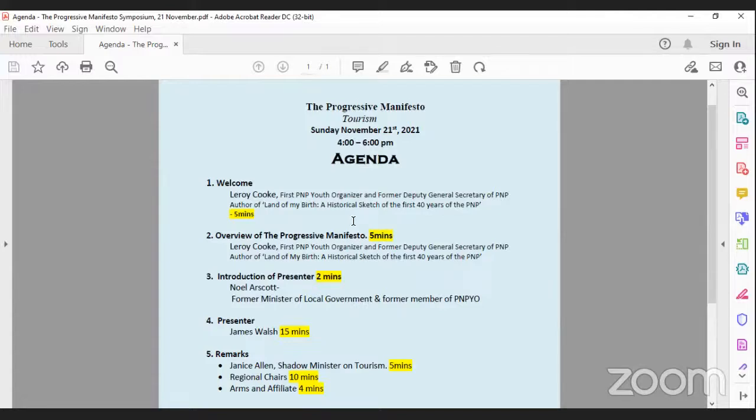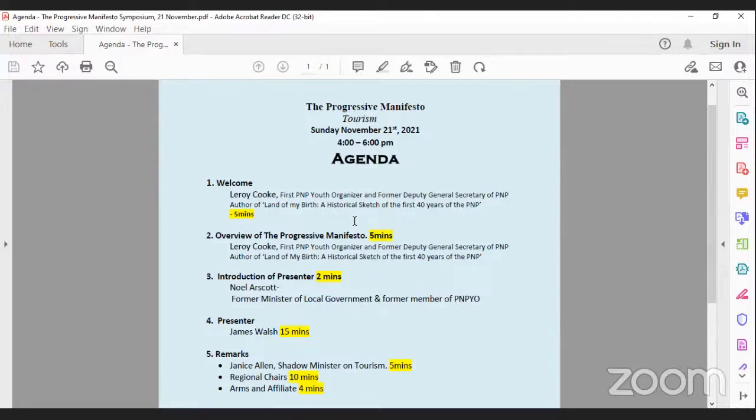To run for a position within the party, one should be a member for at least 1 year. To be a candidate for local government representing the party, you should have membership in the party for at least 2 years. And to run as a parliamentary candidate for the party, there should be a minimum 3-year membership period.